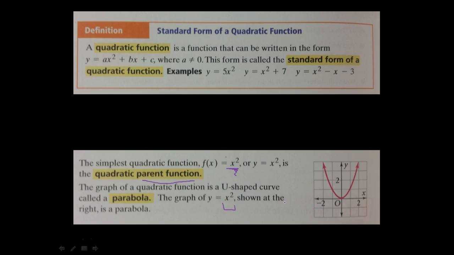If you describe this graph off to the right, you would say it looks like a U. When we did absolute value, we know the absolute value of x creates a V shape. This is similar to a V, but it's more of a U shape. It doesn't come to that exact point.